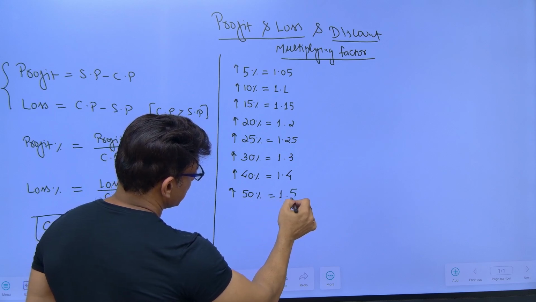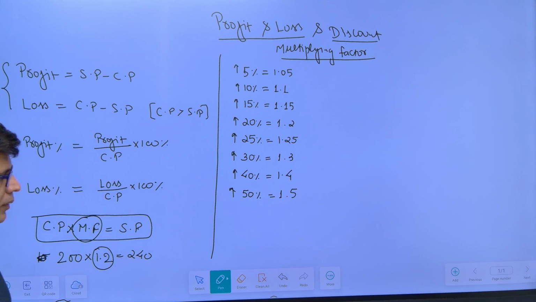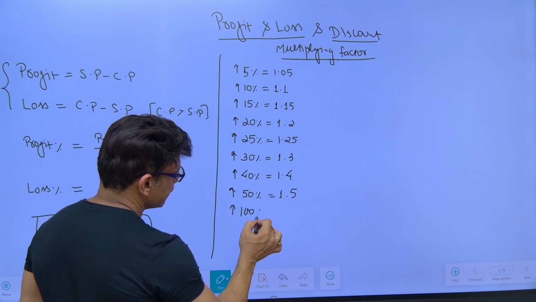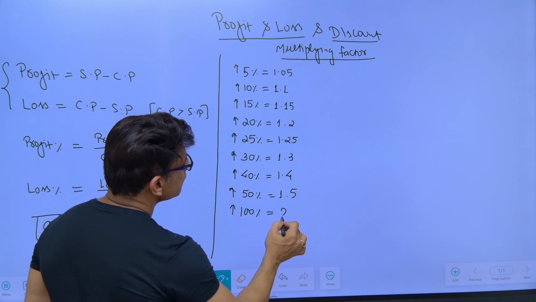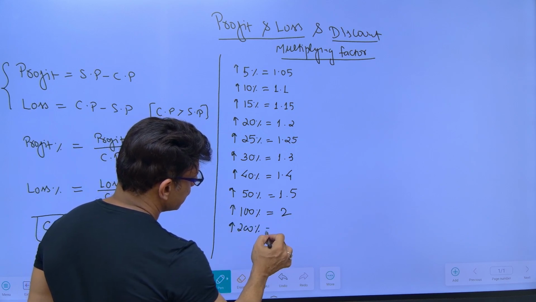I'm just taking some numbers. You can actually find out others also, right? Something increases by 100%, something increases by 200%.